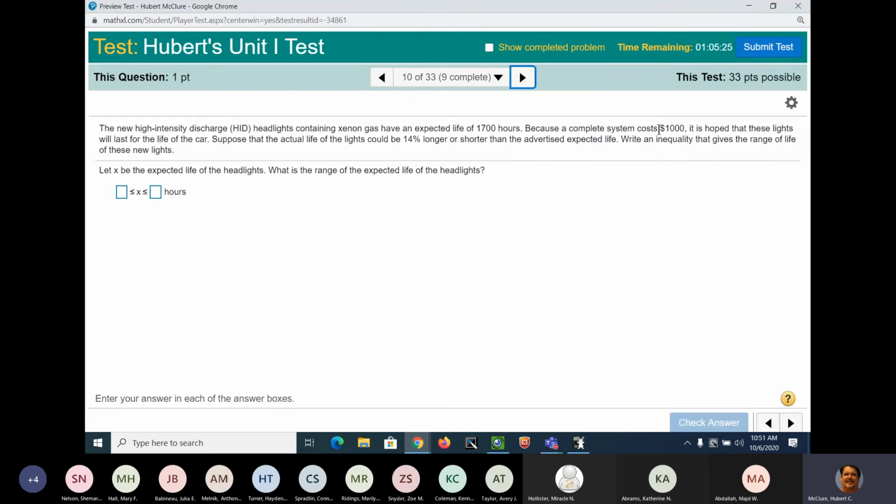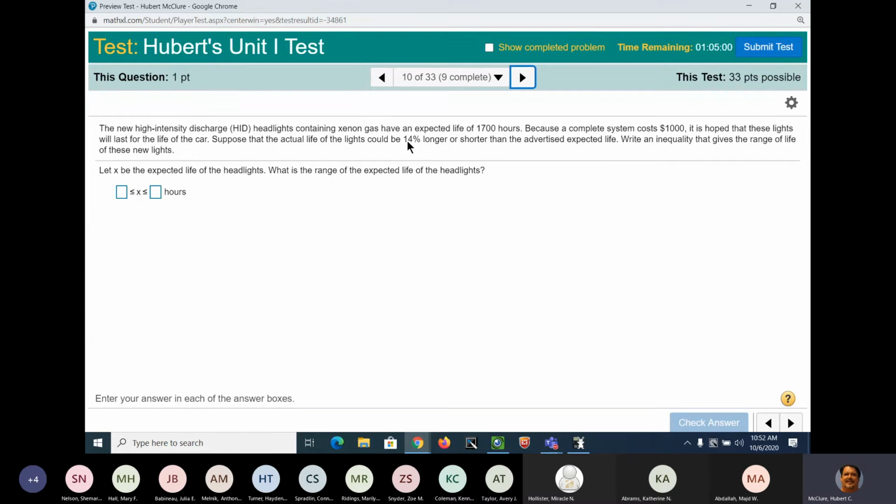Because a complete system costs $1,000, it is hoped that these lights will last for the life of the car. Suppose the actual life of the lights could be 14% longer or shorter than the advertised expected life. Write an inequality that gives the range of life of these new lights.